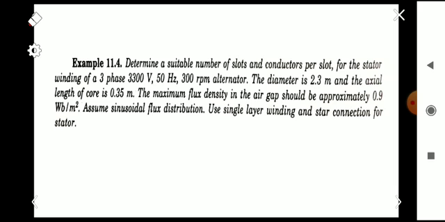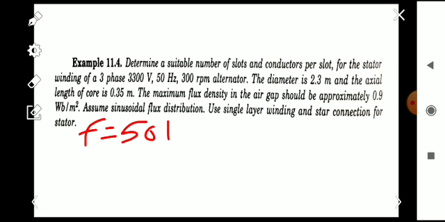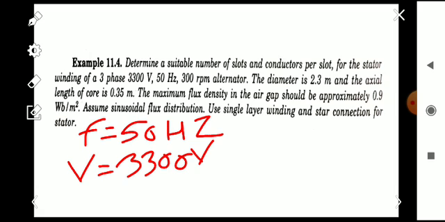The first step is to write down the given points. The frequency f is 50 Hz, the voltage is 3300 volt, and the speed is capital Ns, 300 rotation per minute. If it is small ns, that is rotation per second, we have to divide that 300 by 60.